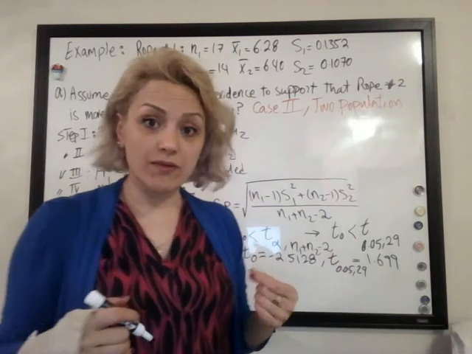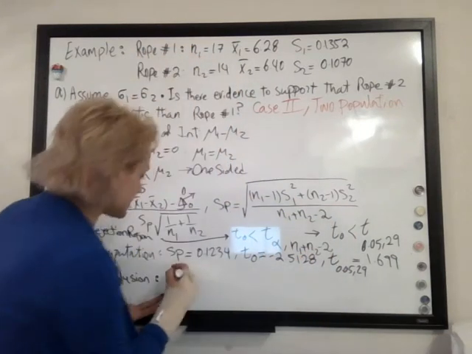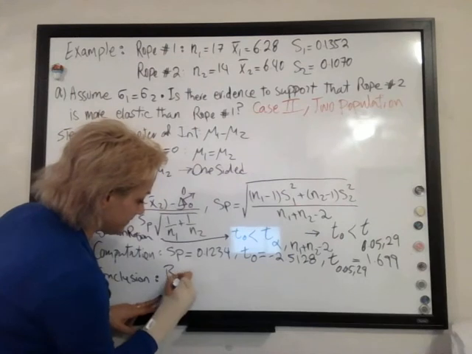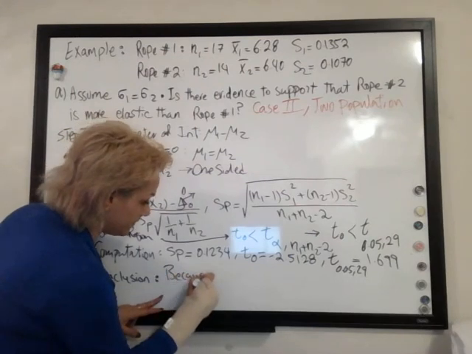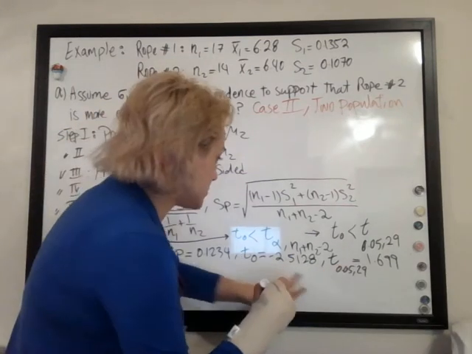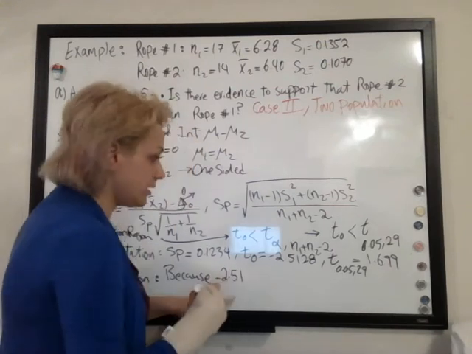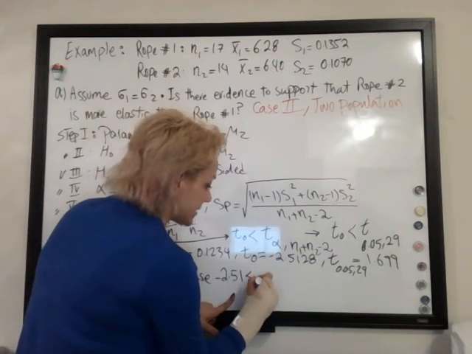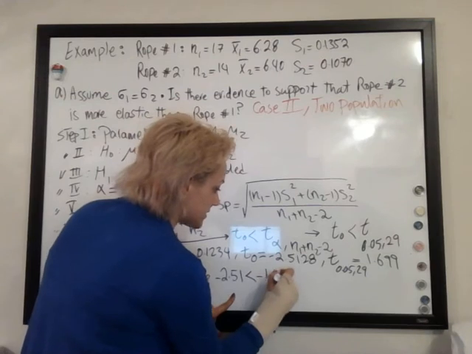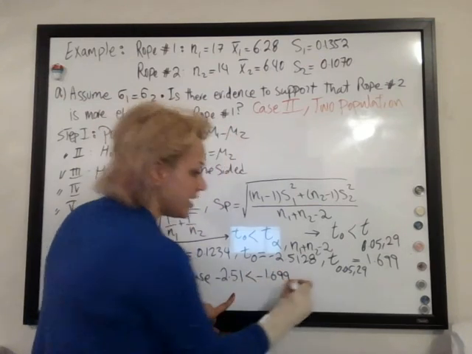So what can we say? We would say that because minus 2.51 is a lot less than minus 1.699, right?